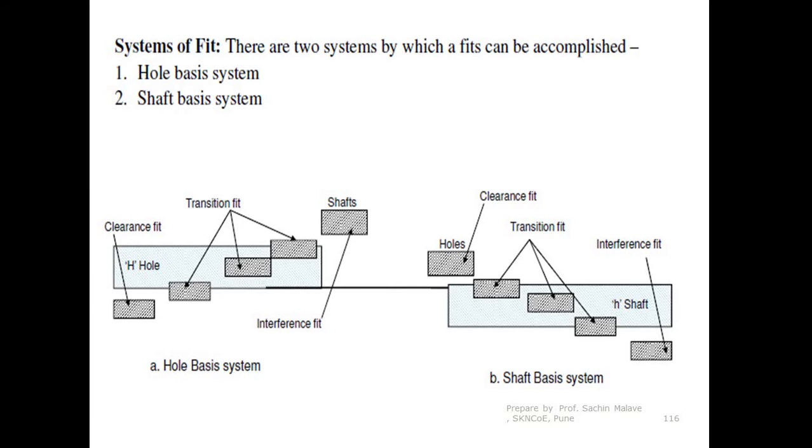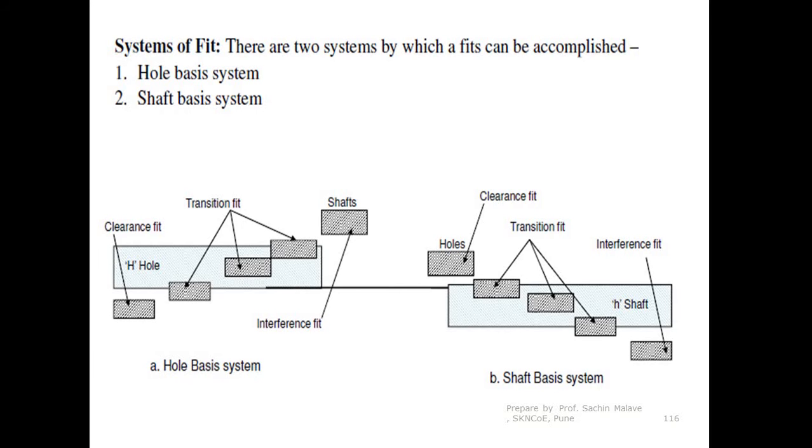You can see in clearance fit, the size of the hole is larger than the sizes of the shaft. Transition fit, various possibilities are there. So this is possible, this is possible, this is possible. All these three cases are the possibilities of the transition fit, isn't it? And then the third one, in this case, is the interference fit. Here the sizes of the shaft are larger than the sizes of the hole.